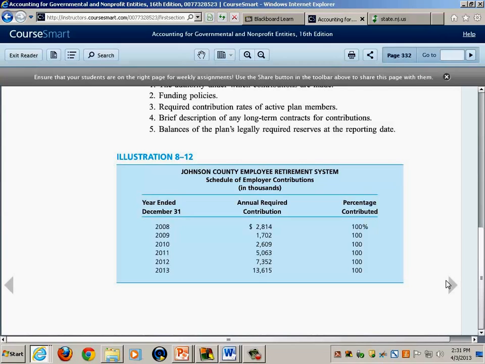In many cases, they contribute maybe 70%, 80%, or even less. Why? Because they have, as they say, more urgent needs. These are monies for what? Future, right? They say we'll get around to it, or maybe the stock market will bounce back and we'll make so much money that it will be overfunded. Okay.